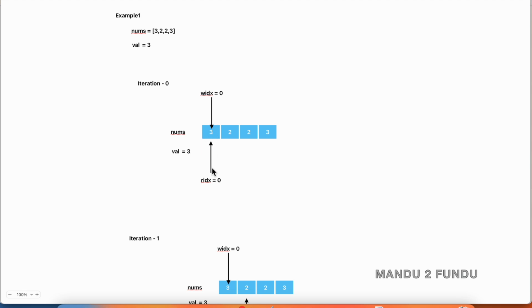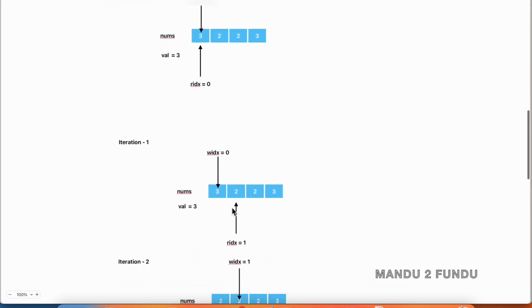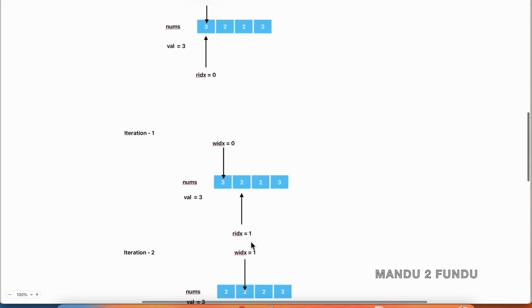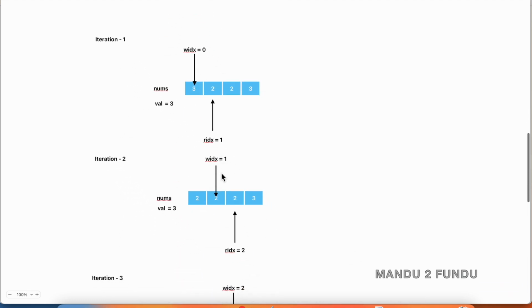So we simply advance the read index pointer to the next, pointing here. In iteration 1, we compare this value 2 with the val 3, which is not matching. So what do we do? We copy it to the index pointed by the write index, and then we advance the write index pointer as well as the read index pointer. So that's what we see here.